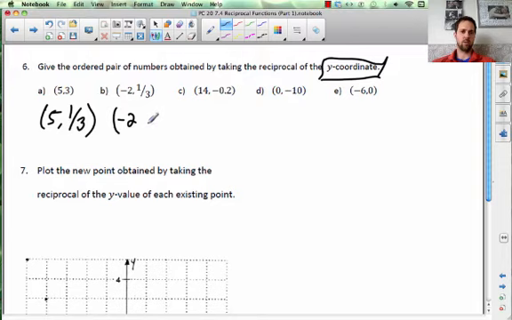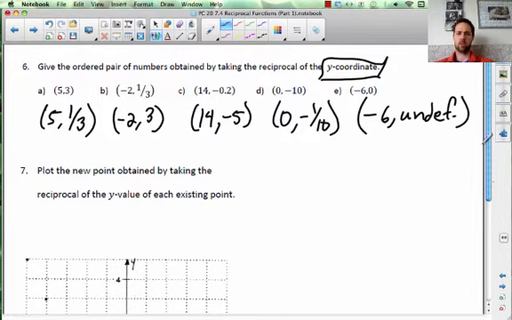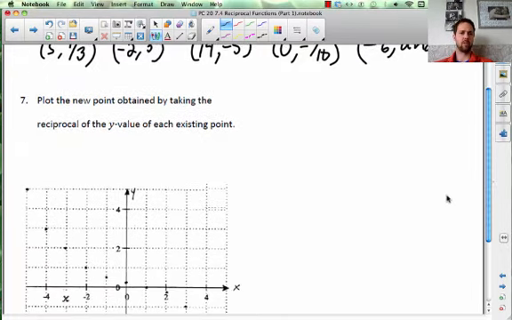This is -2 and 3 over 1, which is just 3. This is 14. Negative 0.02. If you do that in your calculator, you'll get -5. This one is 0 and -1/10, or 0.1. And this one is -6 and undefined. Can't divide by 0, so we're going to see what consequence there is on a graph.